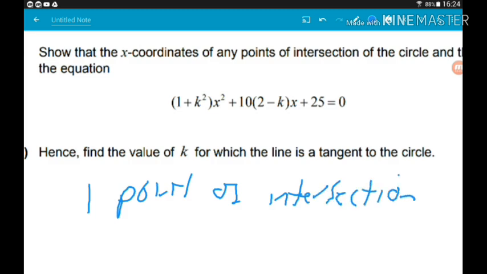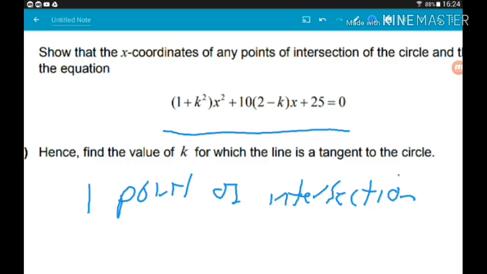So that means the simultaneous equations that we just played with only have one solution. So we got those down to this lovely looking quadratic, and we want that quadratic to have only one solution.